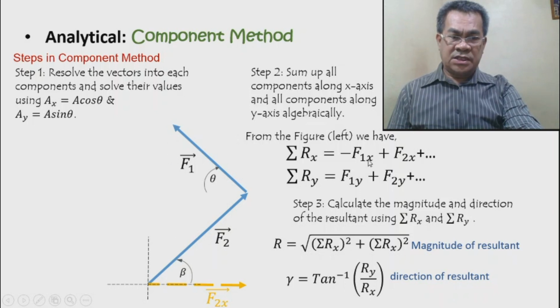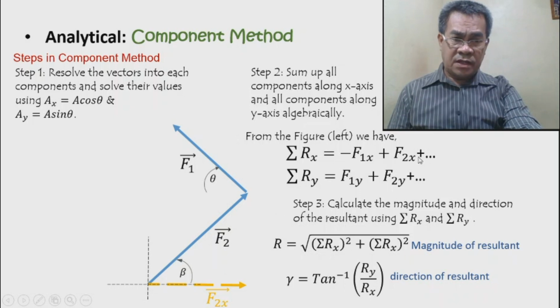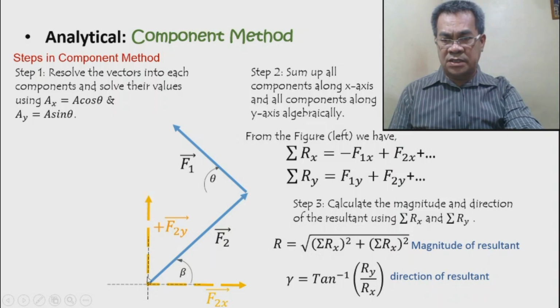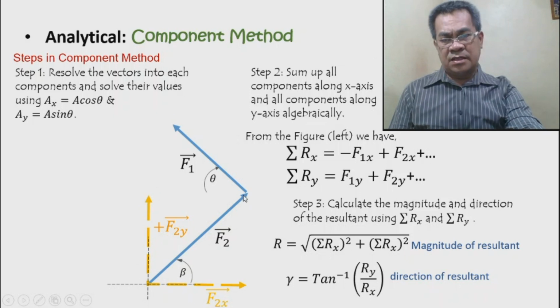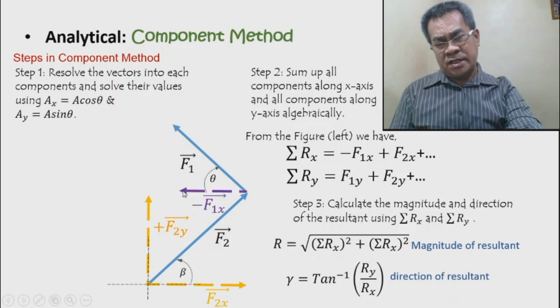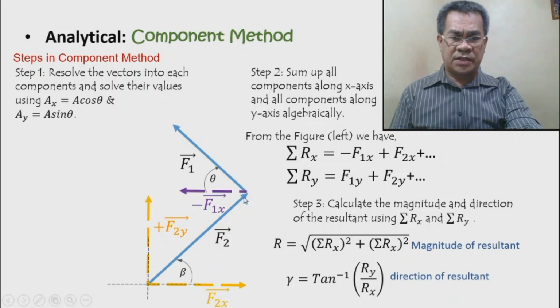This is the F2x, the x component of F2. Now where is your F1x? The F1x is actually at this point. The F2y is upward. The x component of F1 is towards the left. Okay, that's negative.